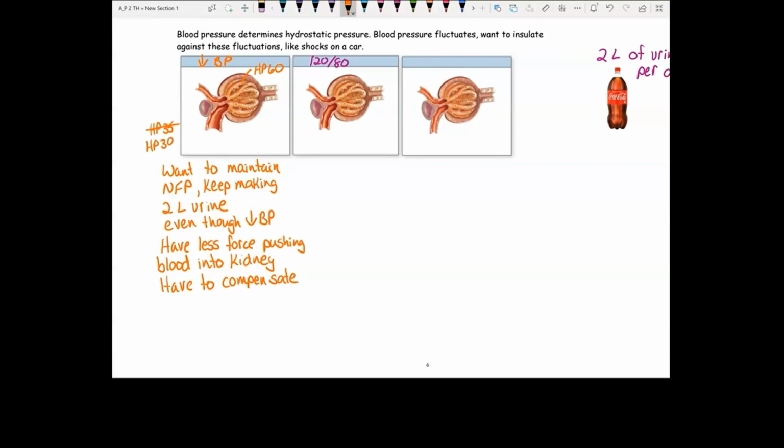So you have to do something to still get this to 60, even though you have a lower starting number. If you compare this picture to the middle one, which is normal, and look for the difference, the difference you can find is the size of the afferent arteriole. Notice over here, it's bigger. You dilate it.